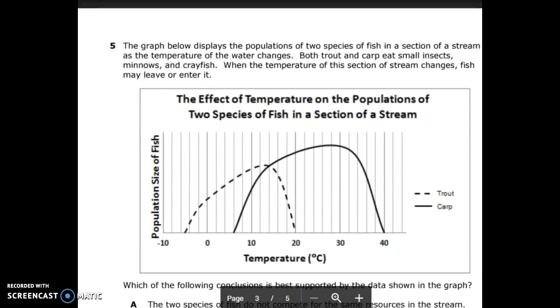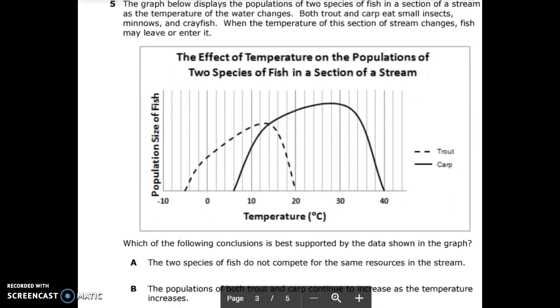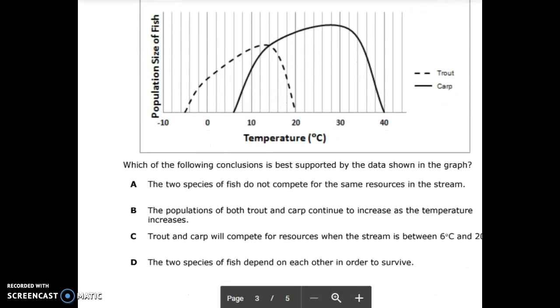Question 5. The graph below displays the population of two species of fish in a section of a stream as the temperature of the water changes. Both trout and carp eat the same insects, minnows and crayfish. When the temperature of this section of the stream changes, fish may leave or enter it. So look at the data in this graph. Which of the following conclusions is best supported by the data shown in the graph?